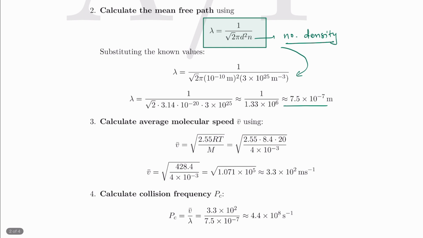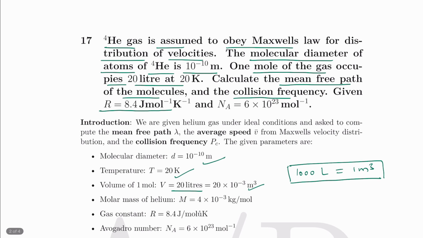Next, you are required to calculate the average molecular speed using this formula. So we know that the average molecular speed is 2.55 R times T divided by M, which is molecular mass, whole under root.